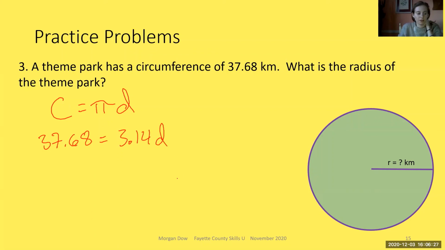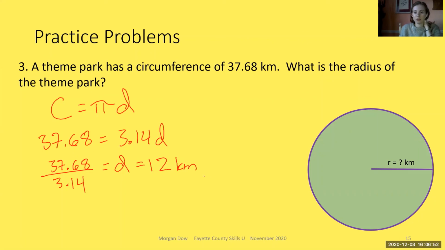And now I need to solve it for the missing piece. So I'm going to divide 37.68 divided by 3.14. Get my calculator out here. And that equals 12. So I have a diameter of 12 kilometers.